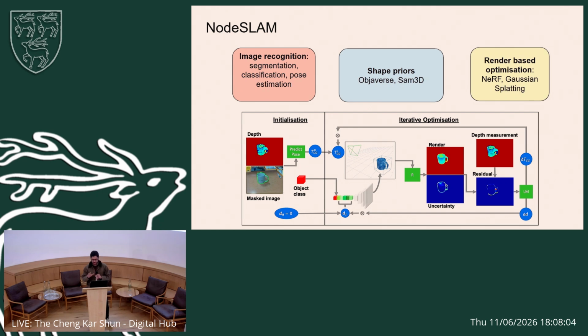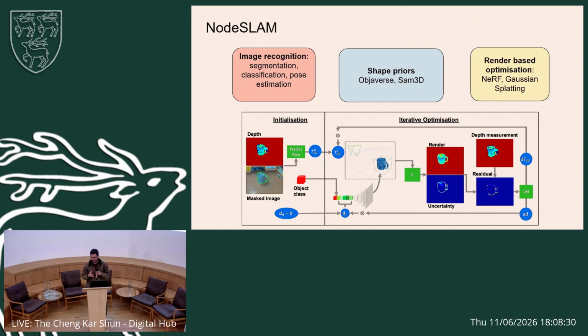So this is a diagram. You don't need to look too much into it, but there are three main parts in this method. The first is image recognition, which is looking at the image and detecting what kind of object we are seeing and segmenting out that object. The second stage is a learning component of shape priors.